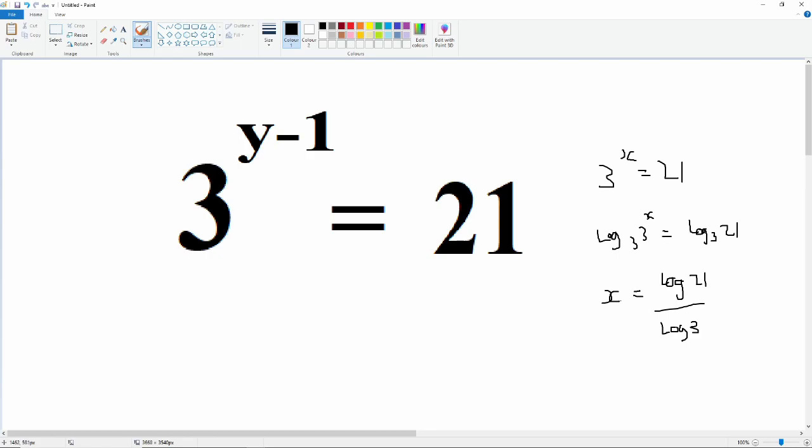So that would be easy. So all we have to do is say x is equal to y minus 1. That's a simple enough thing to do. And so when we've solved this, all we have to do is add 1 to the value of x to get our answer.